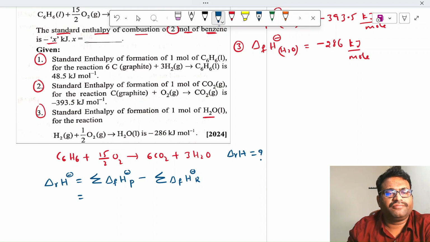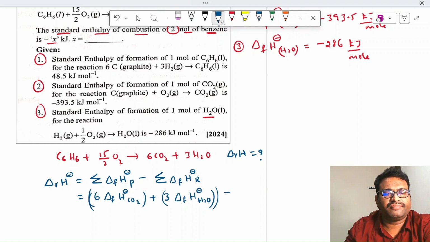So you can write 6 into enthalpy of formation of carbon dioxide plus 3 into enthalpy of formation of water, minus enthalpy of formation of C6H6 plus 15 by 2 into enthalpy of formation of O2.